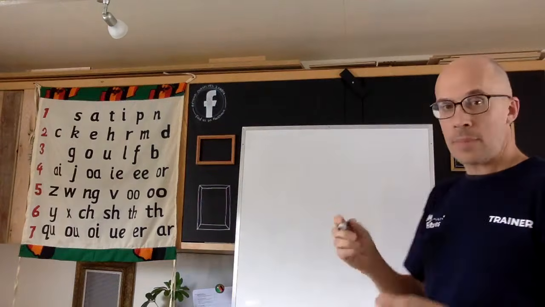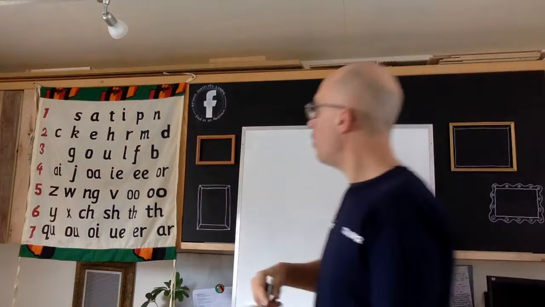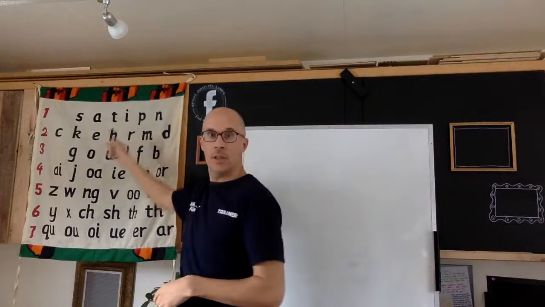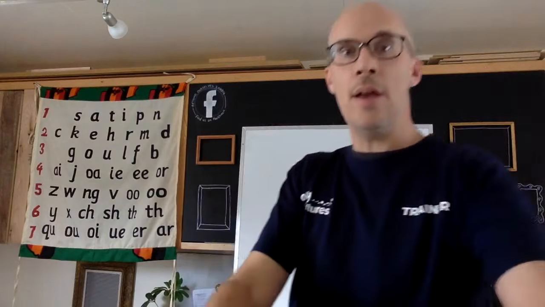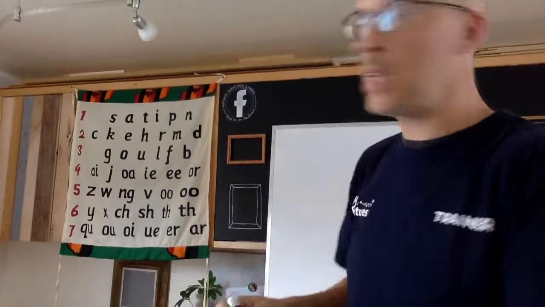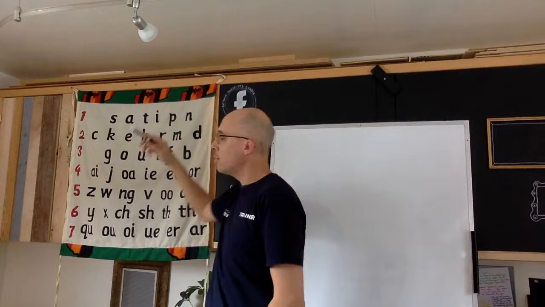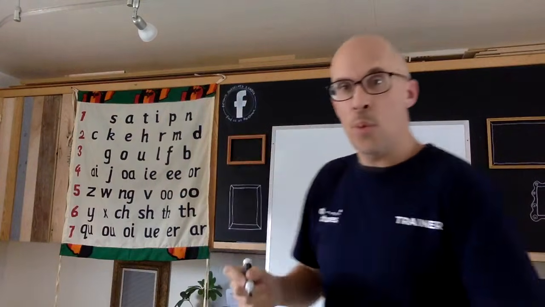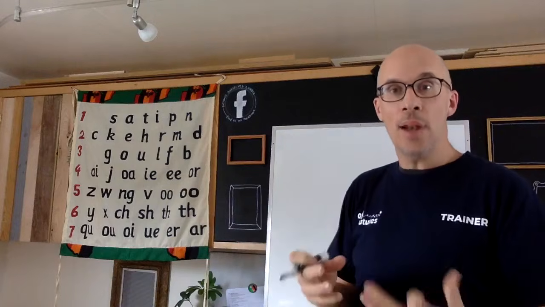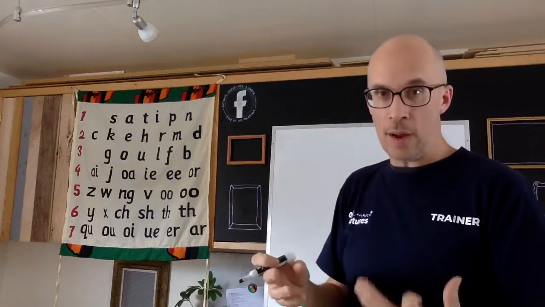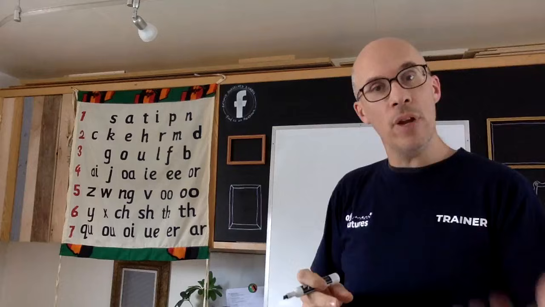If we have a look at this first line here, when children have gone through the first 6 lessons and they've learnt all of these sounds, then we get children to start applying that knowledge of the sounds and what they look like to try and read words.